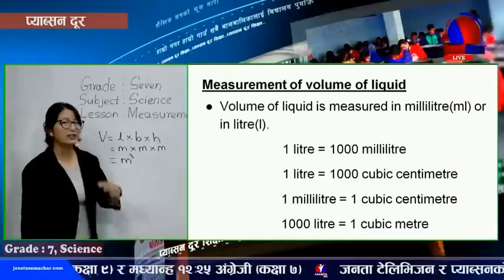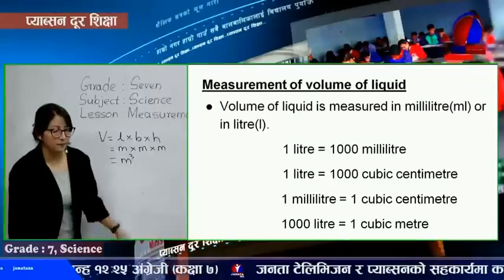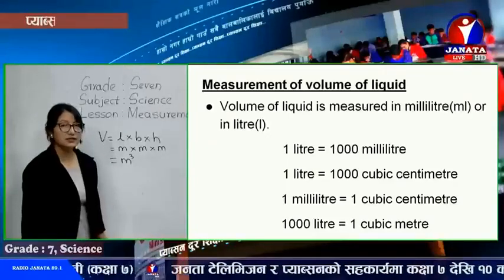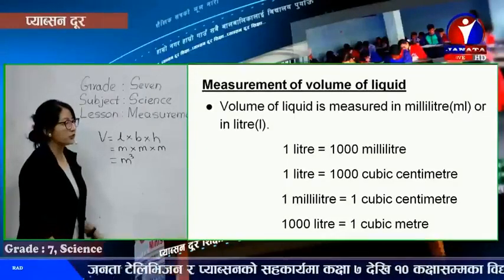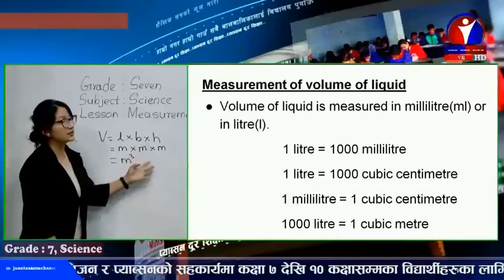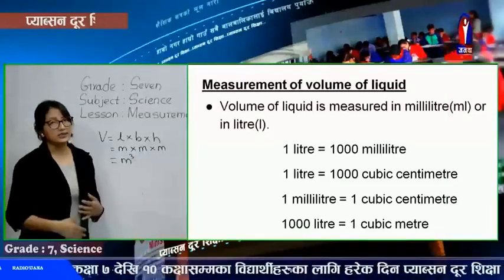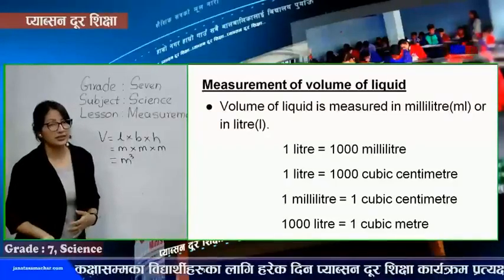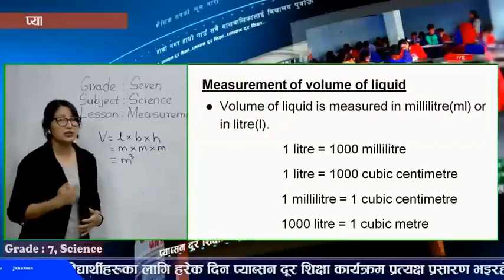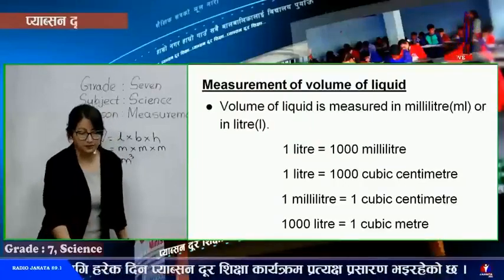Please keep this in mind while converting. Then the last one, 1000 liter is equal to 1 cubic meter. These are the common relations that you have to keep in mind, so that we can easily convert the units from milliliter to liter, or cubic centimeter to liter, and all.